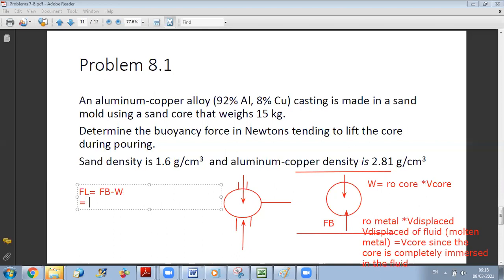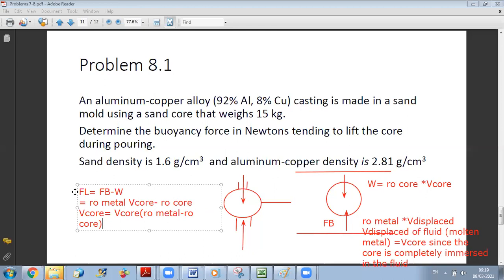If we replace the buoyancy force by its expression, which is rho metal times V core, minus the weight, which is rho core times volume of the core, you can see that the volume of the core is common between the two. So we'll take it as a factor. We get that it's equal to the volume of the core times (rho metal minus rho core). And in general, the density of the metal is higher than the density of the core.